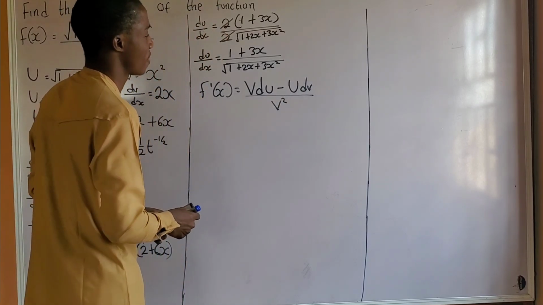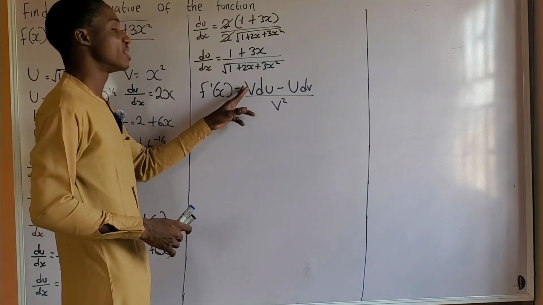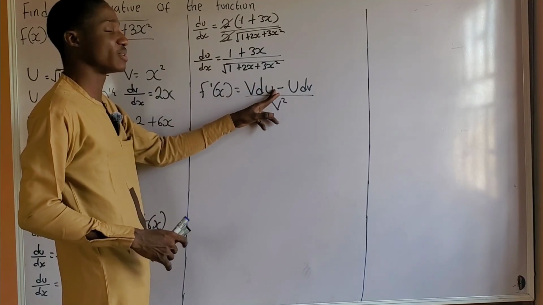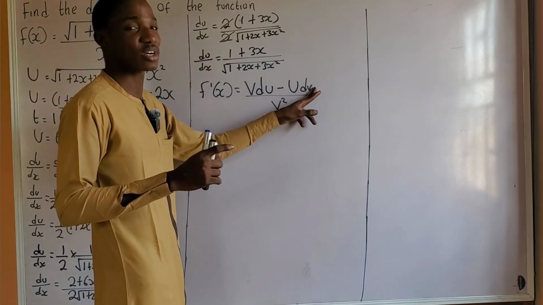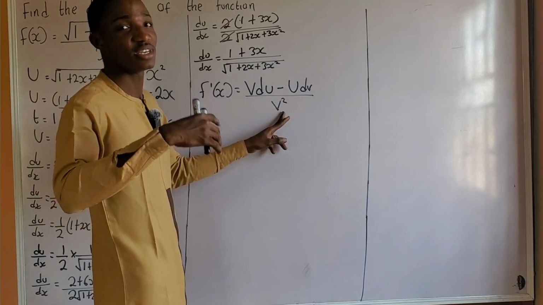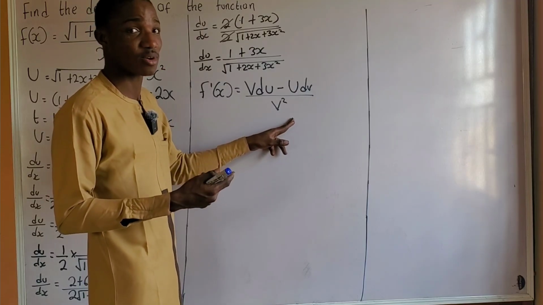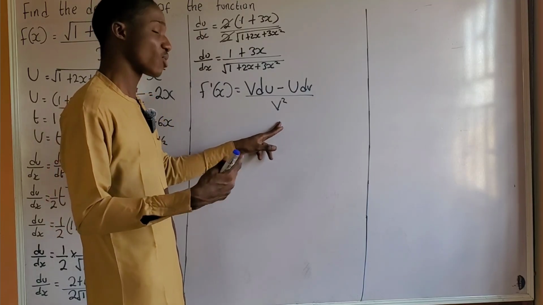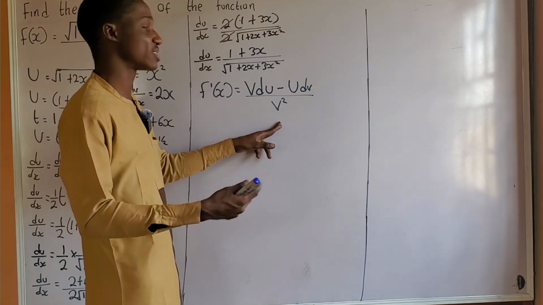That is the second part multiplied by the derivative of the first part minus the first part multiplied by the derivative of the second part, all over the square of the second part. Don't forget that the second part is the denominator. You understand what I'm saying? In the quotient rule, the second part of that function is the function that is beneath, the function that is at the denominator.